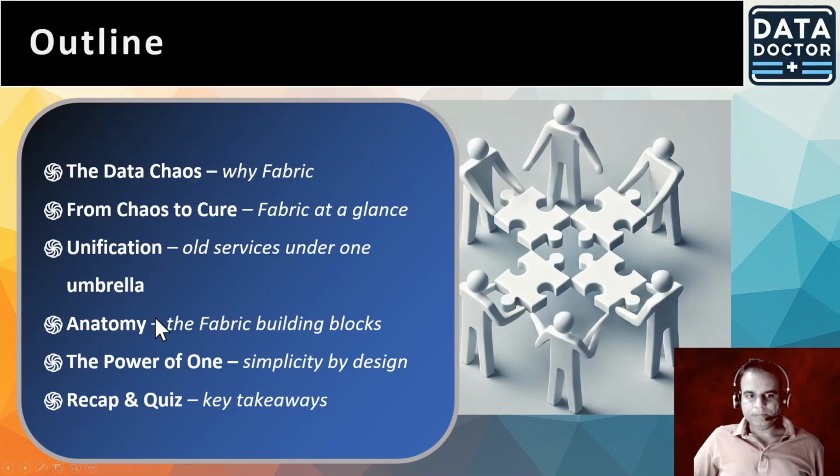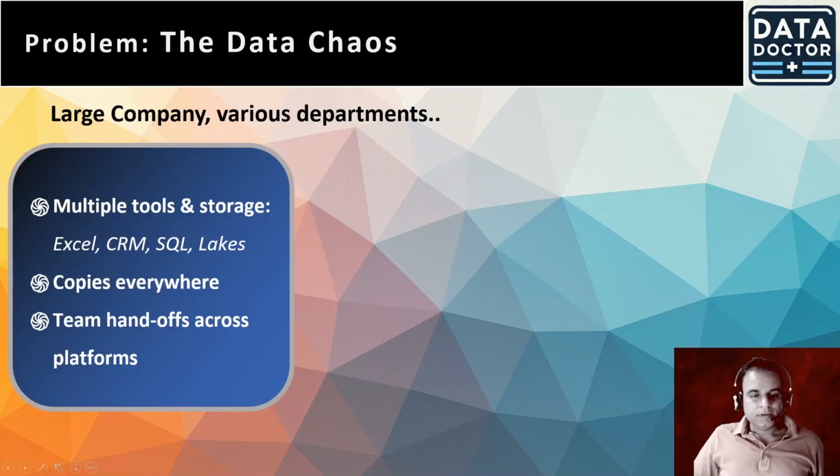We'll have a deep dive into the anatomy and building blocks. We'll see how this platform is so simple by design and how it achieves this simplicity by the power of one. We are going to wrap up this talk with a recap slide, and then we'll have some quiz questions at the end. So let's have a look at the problem first.